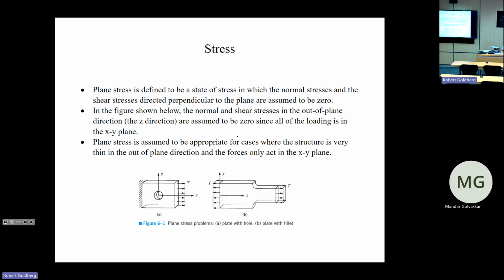Everything has three dimensions in real life, but from a practical point of view, if your through thickness dimension is much smaller than your in-plane dimensions, the through thickness stresses can be assumed to be many orders of magnitude less than your in-plane stresses, and thus for practical purposes, they can be assumed to be equal to zero.